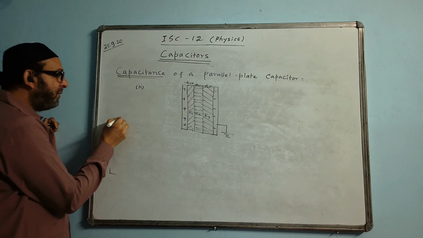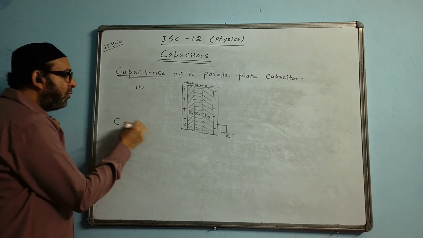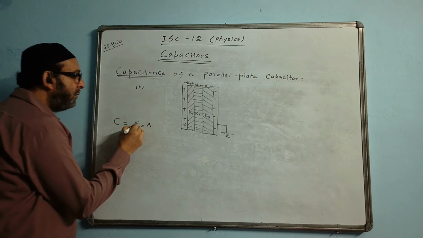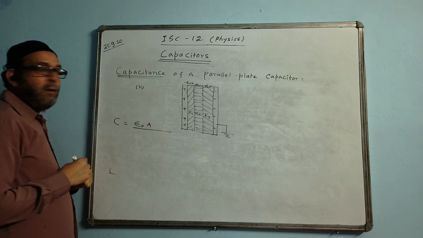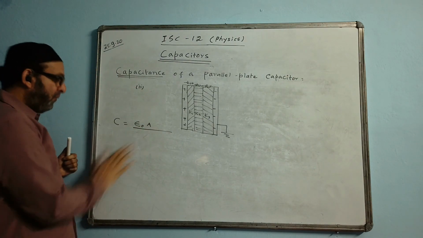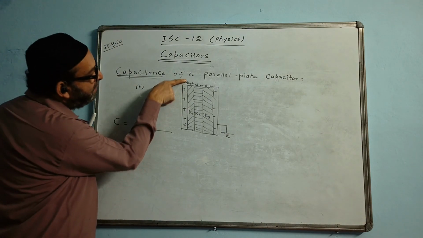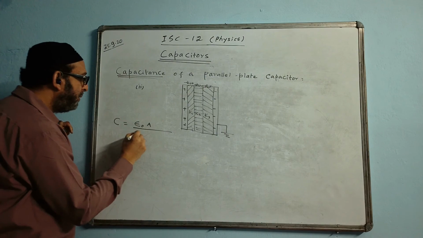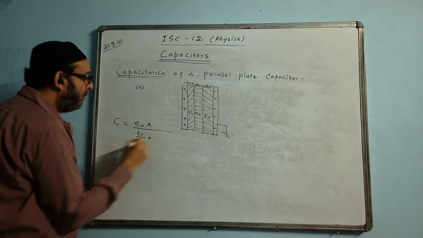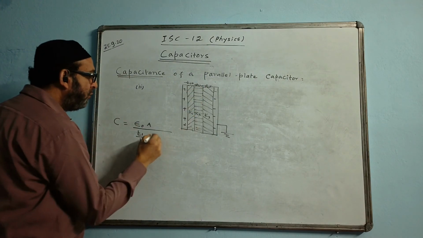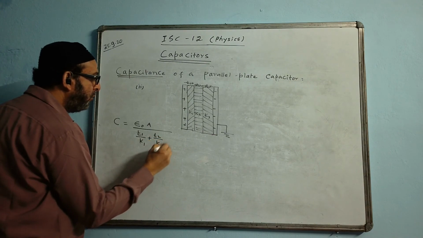Now we will write the formula of capacitance like this. C is equal to epsilon naught A upon, the method of finding the capacitance is now easy. T1 is filled with K1, so I write T1 by K1. T2 is filled with K2, so I write T2 by K2.